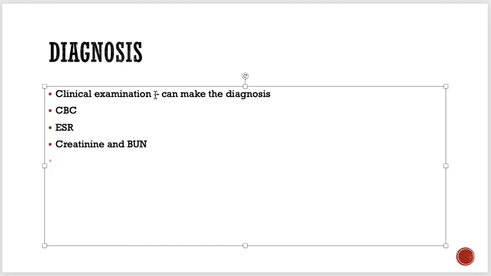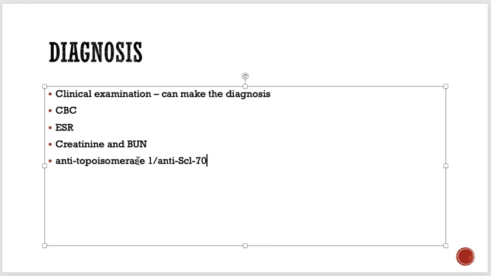Okay. Now the antibodies: topoisomerase 1, anti-Scl-70.